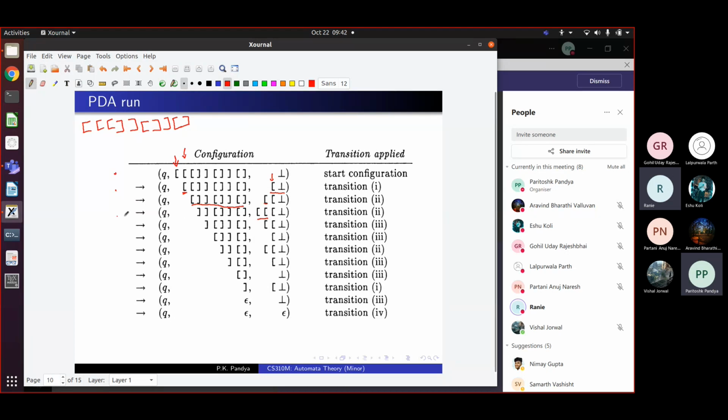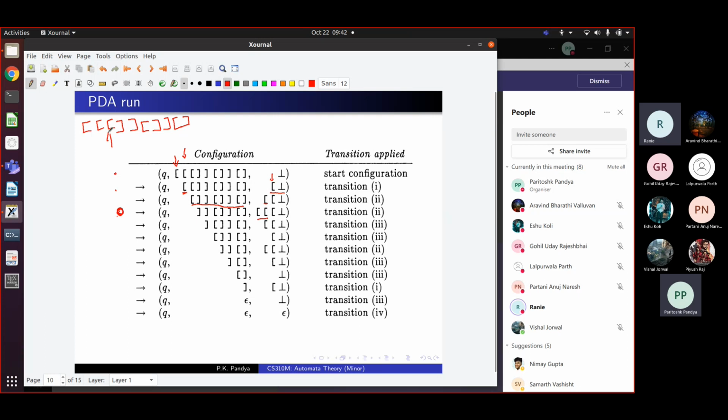Now this configuration is interesting. We are at this configuration, marked with a circle here. What is the next symbol to be processed? Close bracket, and on the top of the stack is an open bracket. So basically we are trying to process this close bracket symbol, right?